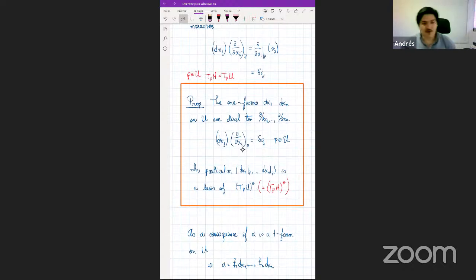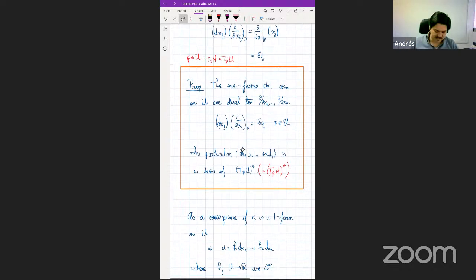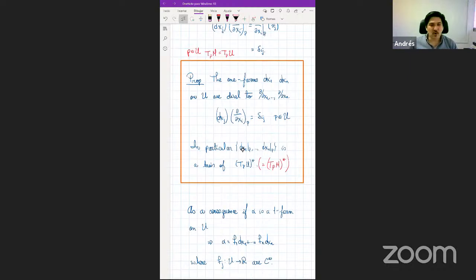So the previous proposition helped us to have a local description of a one form on U. On U, a one form will take this form. The coefficients are smooth functions. So if I have a one form on M, I take a chart, and that's the local description of the one form.